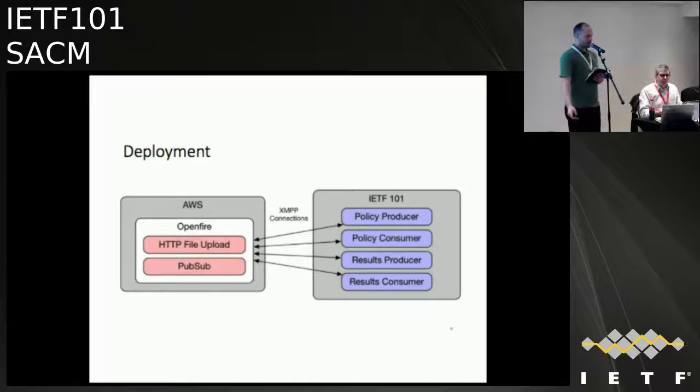So for our deployment process, we had an AWS instance fired up with the OpenFire XMPP server with a couple of plugins on there. Well, one plugin and then the PubSub extension also running. The HTTP file upload was basically used because our assessment content and the assessment results are actually really large XML files. So publishing those as the payload to an XMPP message was not going to work efficiently.